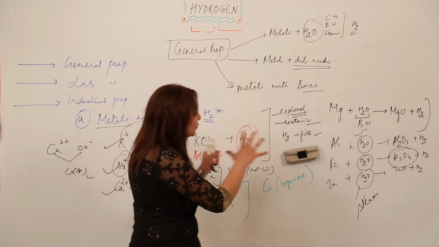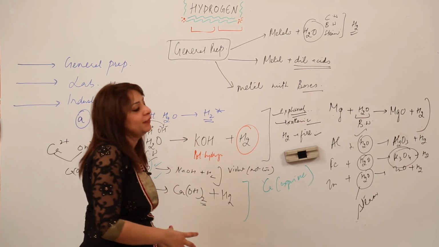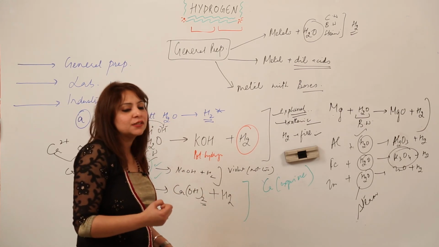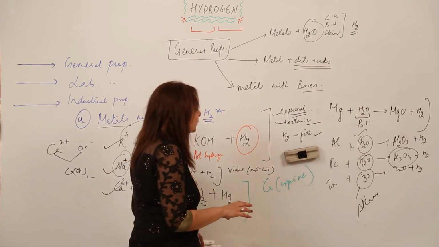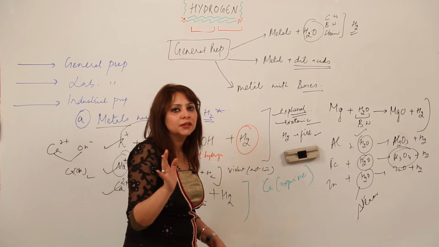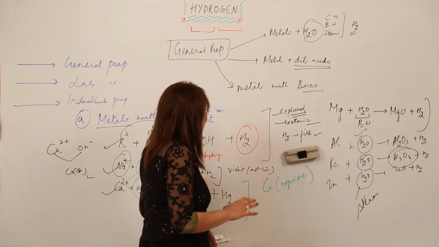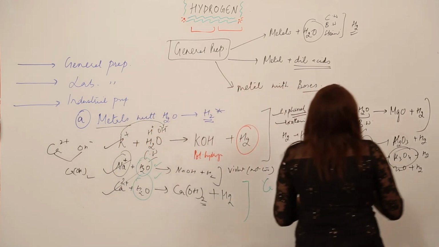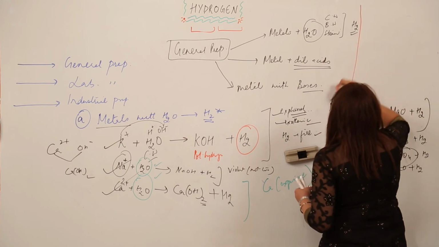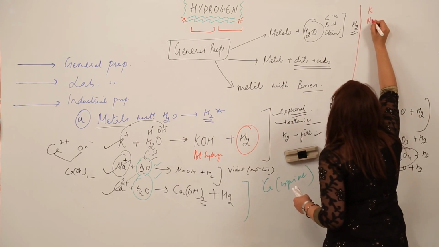So I have told you many examples, and below zinc we have the very less reactive metals, which do not react with water, right? So from lead onwards, no metal reacts with water. So if I want to list them in the reactivity series according to the reaction, I am just putting it, just have a look.